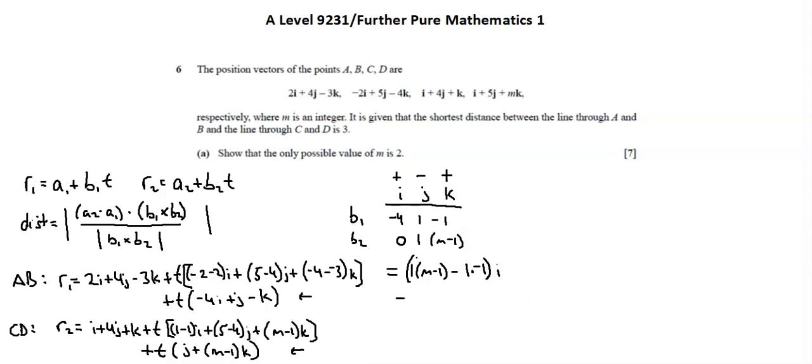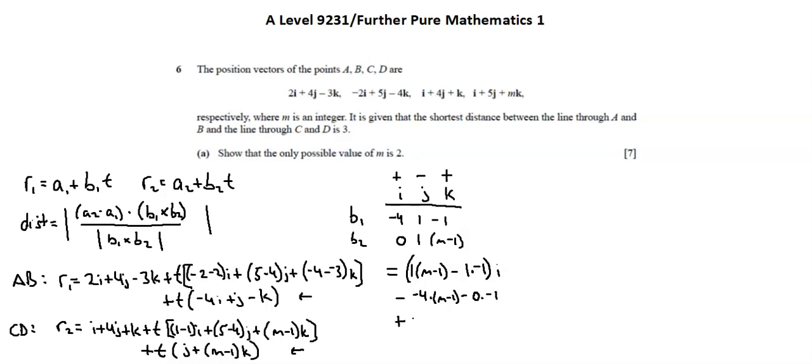Minus, notice for the j I have a negative sign, so minus, for j we'll work with the minor determinant of i and k. I'll take the b1i, negative 4, times the b2k, which is m minus 1. I'll subtract the b2i times b1k, 0 times negative 1.